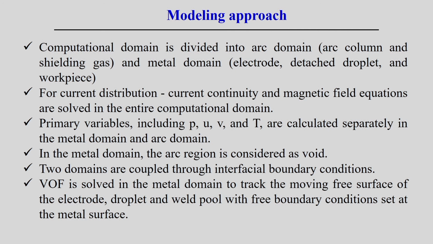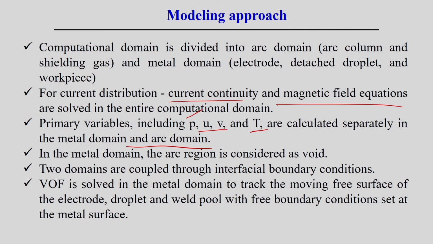If you know the current distribution, therefore, the current continuity equation and magnetic field equation have to be solved for the whole domain. And then in this case, we have seen the primary variables, the pressure and the velocity components and temperature, are basically required to be calculated separately in the metal domain and the arc domain, because this domain's medium is different as compared to the metal domain or metallic material.